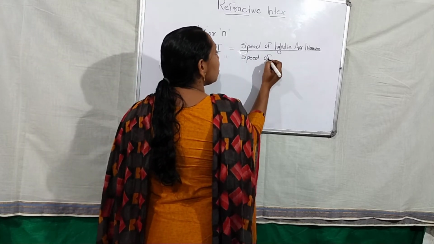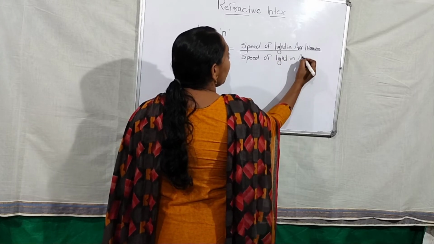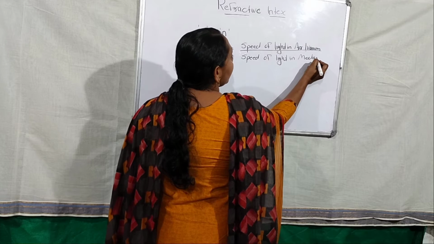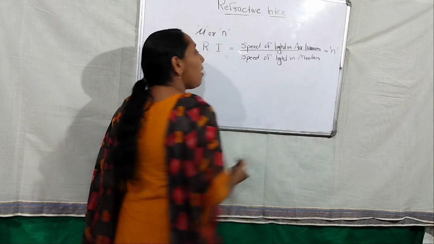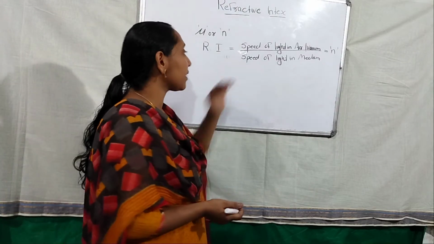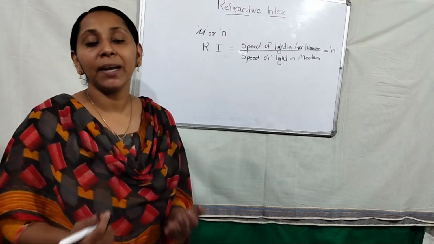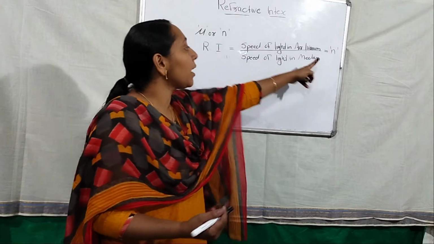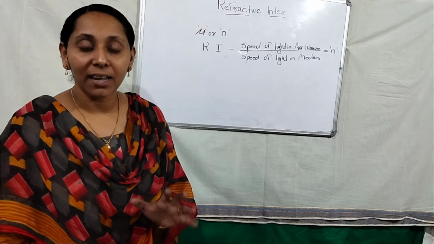Do you know what we mean by vacuum? The absence of air. That space is called vacuum. This ratio is called refractive index. This ratio is always a constant. That constant is called refractive index. This is the definition of refractive index.